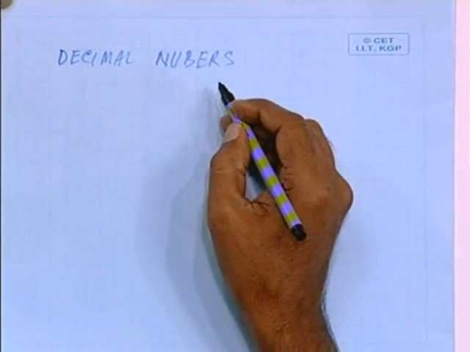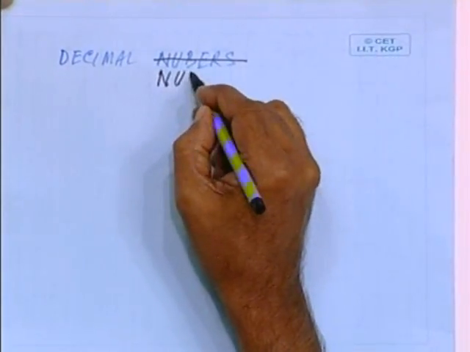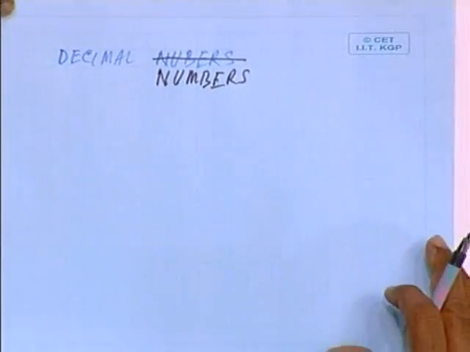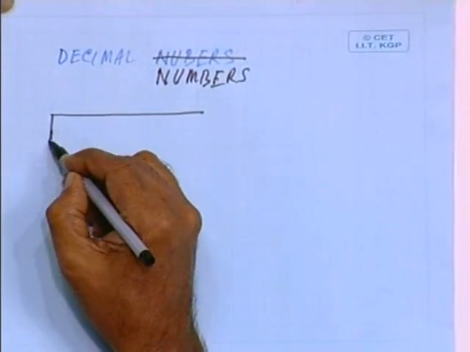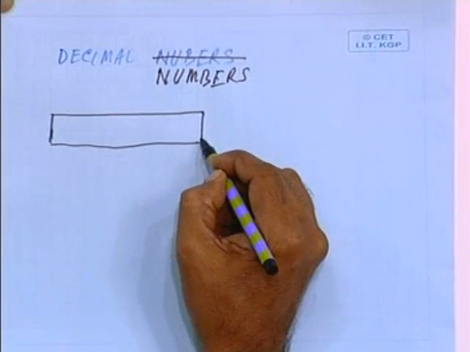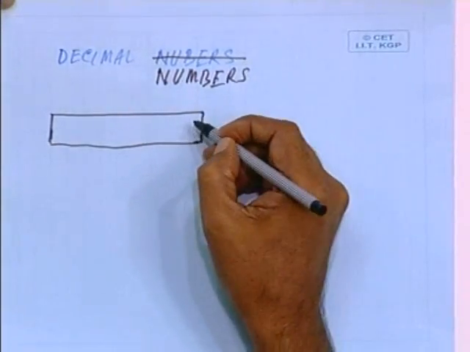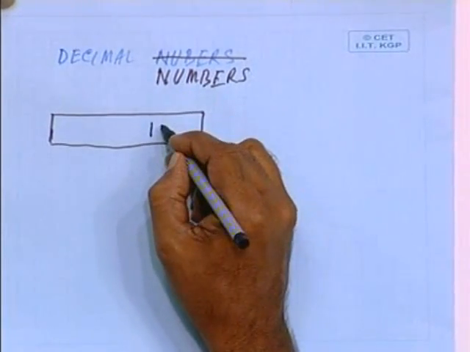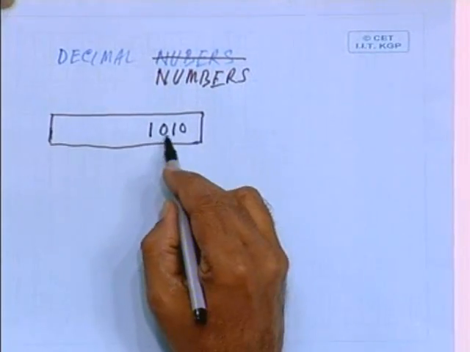The decimal numbers can be stored inside the memory. For example, in 1 byte, you can store it in this manner. This part represents the BCD number, a decimal number, 1010. That is your 10.